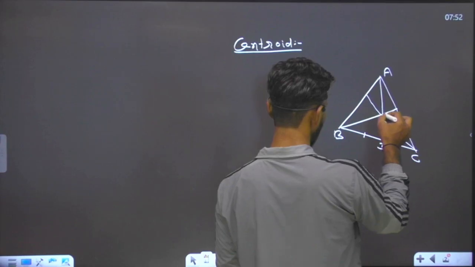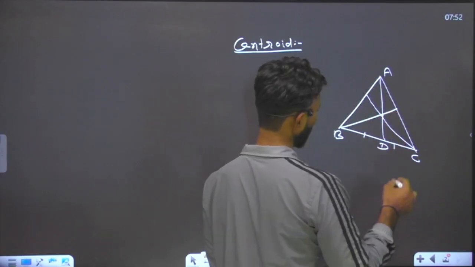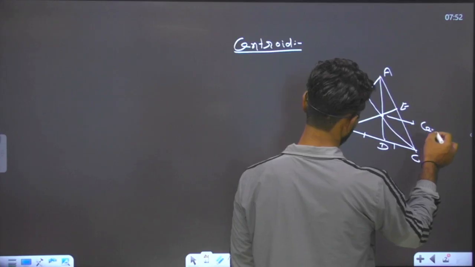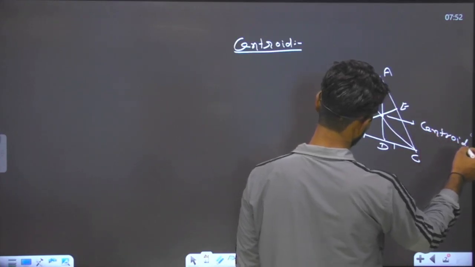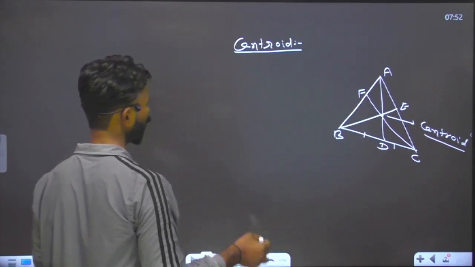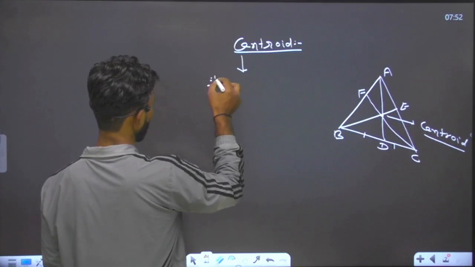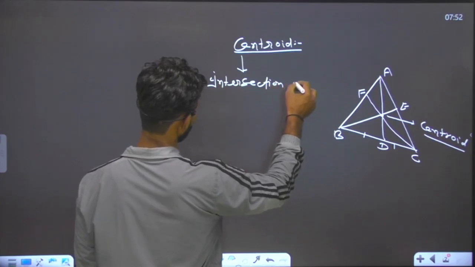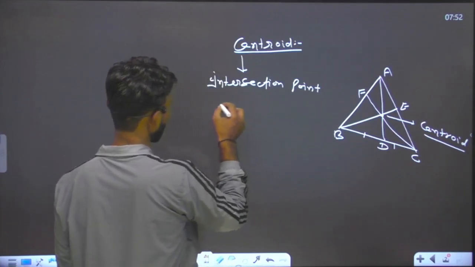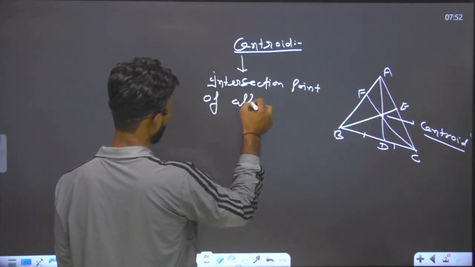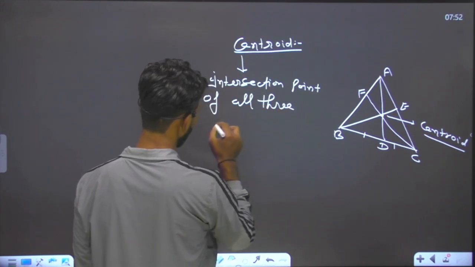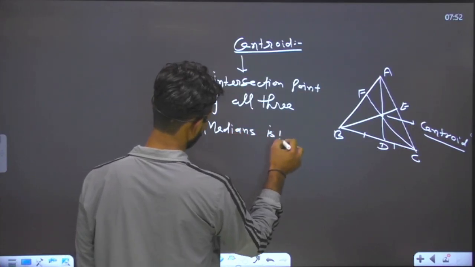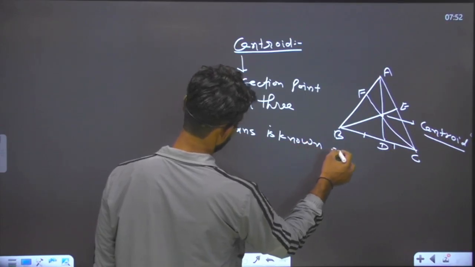So the intersection point of all 3 medians will be known as centroid. Always remember that the intersection point of all 3 medians is known as centroid. So I'm writing down here: intersection point of all 3 medians is known as centroid.